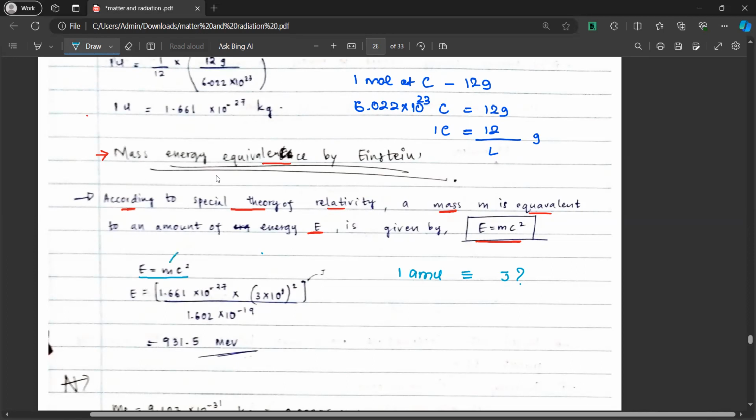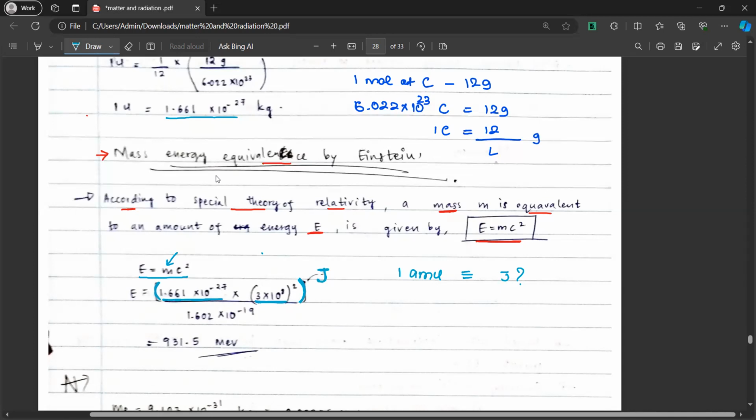So what is the mass of 1 AMU? We already calculated it, right? 1.661 into this amount of kilogram. So we replace the kilogram and then the speed of light. This will give us the energy in joules.